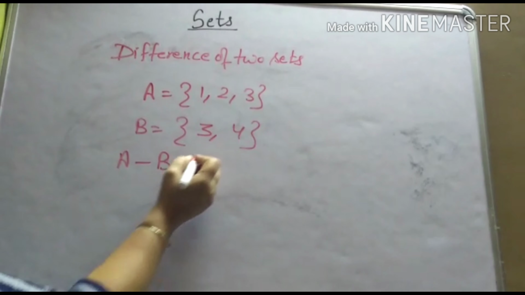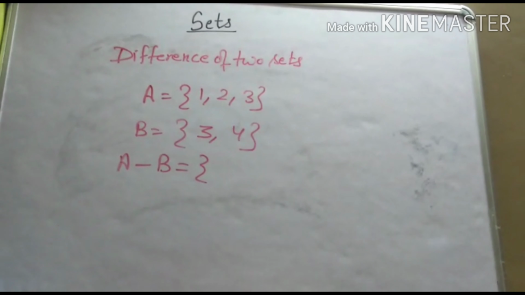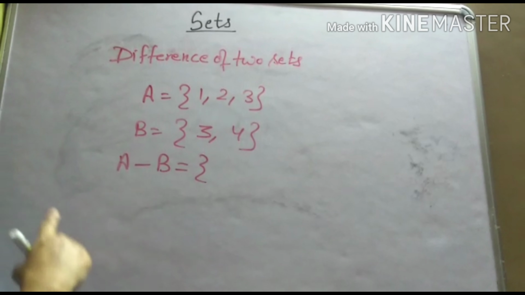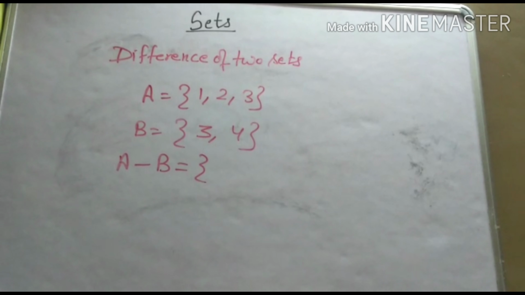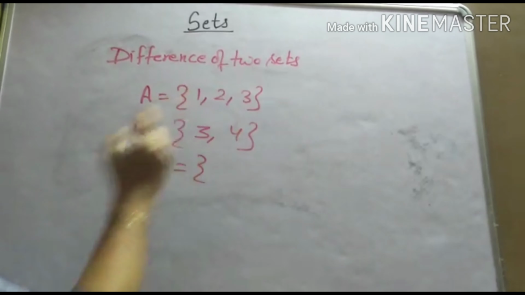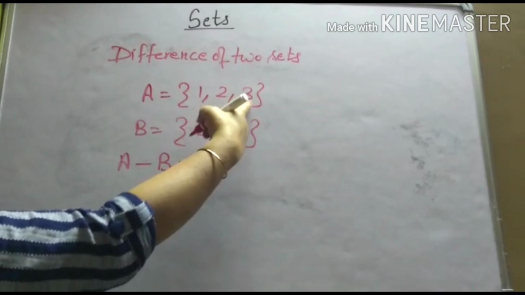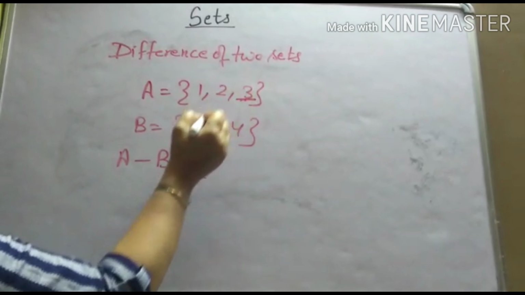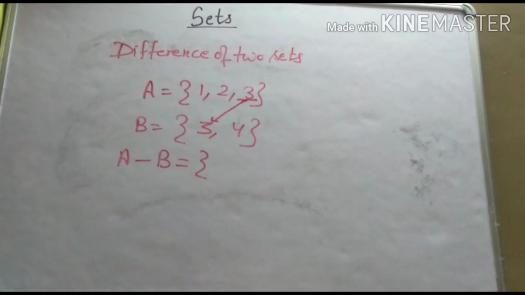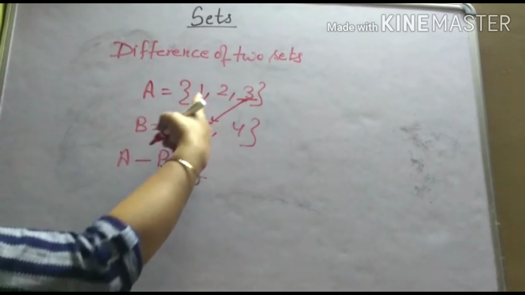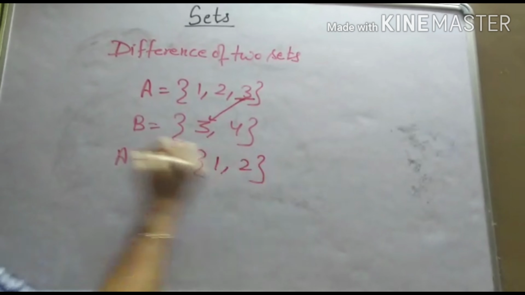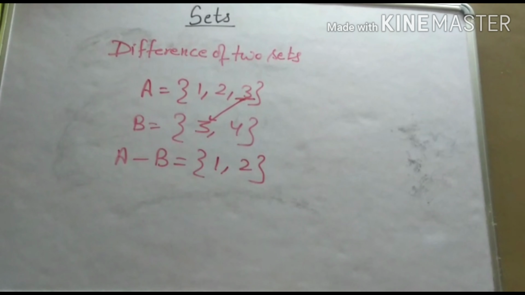In A minus B, we have to write the elements of A, but if any element is in set B, then we have to leave that element. So, in set A we have 1, 2, 3, but 3 is also in set B. So, in A minus B, only elements 1 and 2 will come.